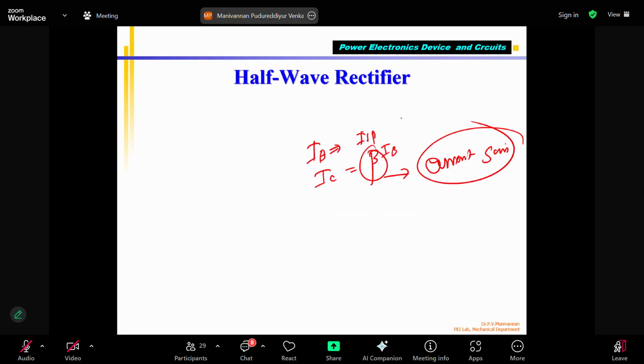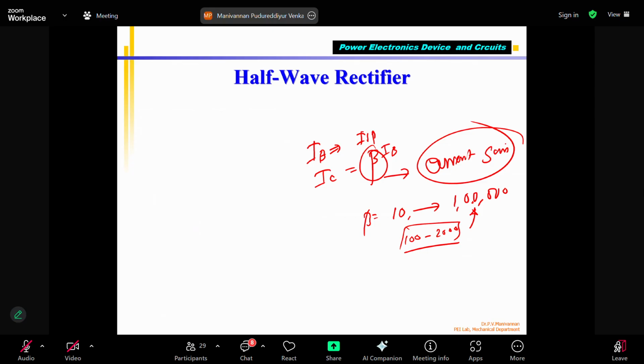Who decides the gain? The manufacturer of the transistor. It is available in the range from beta equal to 10 up to 1 lakh also. Since 1 lakh is a very big number, most transistors will be in the range of 100 to 2000, 3000. Please note that there are 10 to 20,000 different transistors manufactured by hundreds of companies around the world.